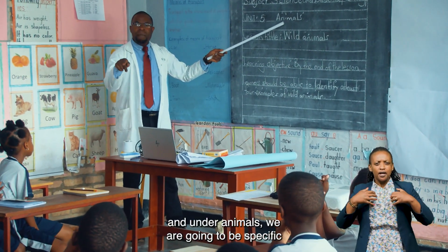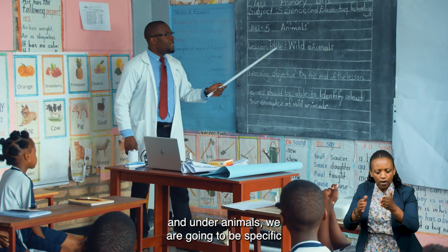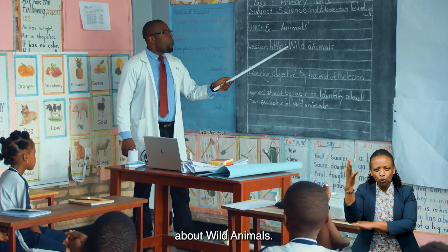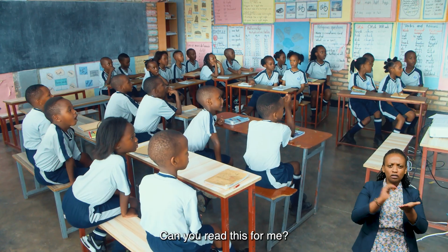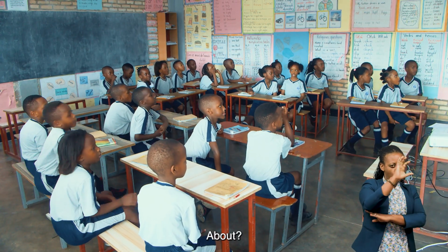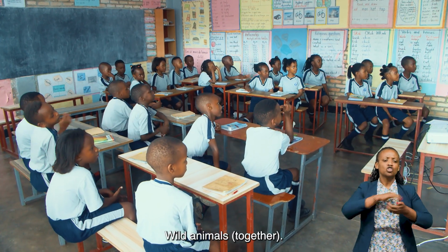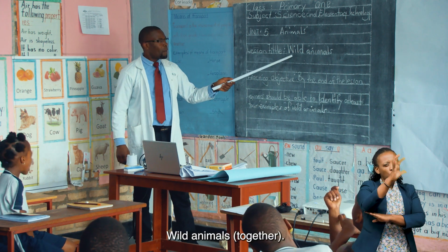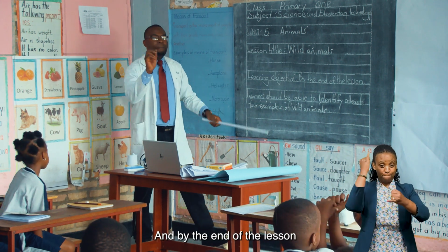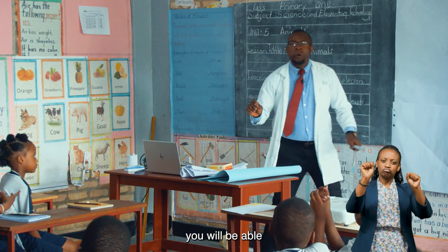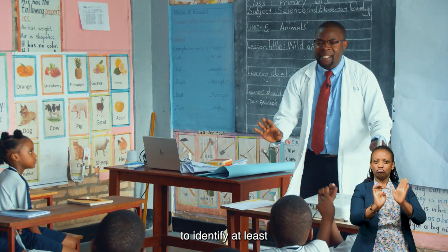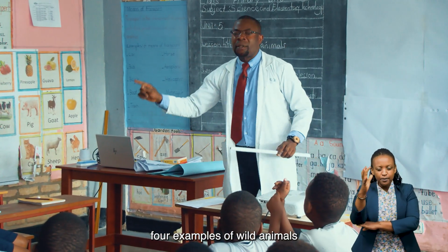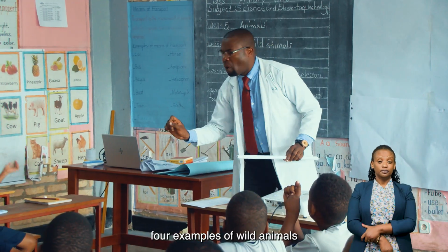And under animals, we are going to be specific about wild animals. Can you read for me this? About wild animals. Everybody. And by the end of the lesson, you will be able to identify at least 4 examples of wild animals.